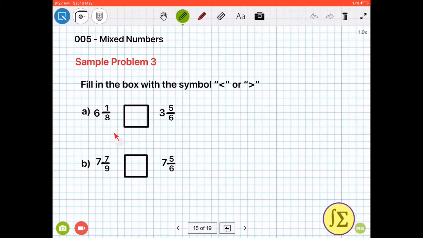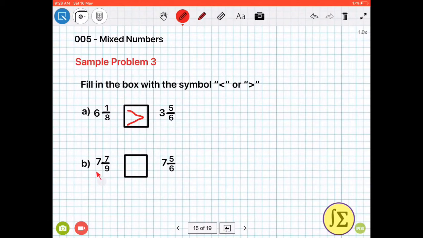It's a number that lies between 6 and 7. And 3 5 over 6 is larger than 3 but smaller than 4. It lies between 3 and 4. So in situations like this, to find the larger or smaller number, all we have to do is look at the whole number, right? So 6 is larger than 3. So the answer is 6 1 over 8 is larger than 3 5 over 6.